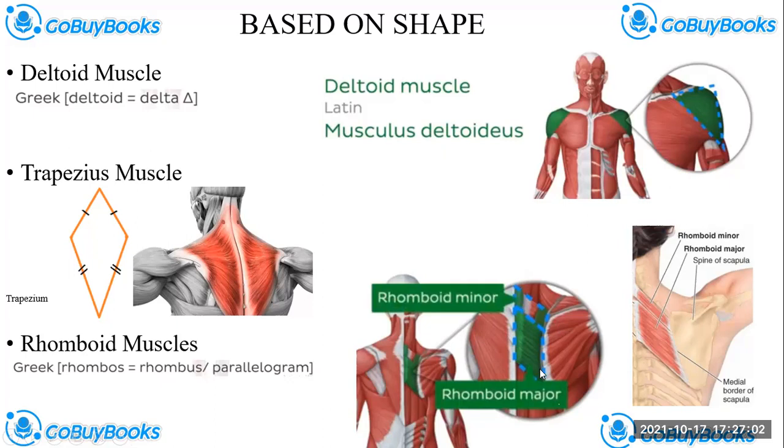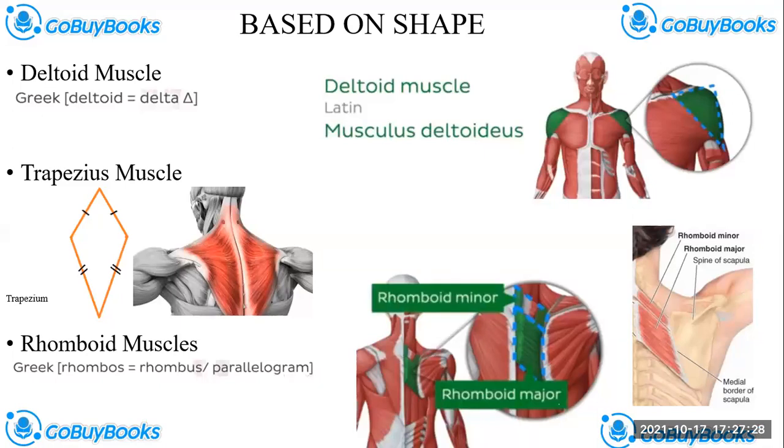You can see it. So when the person saw it, they were like, this muscle looks like a parallelogram. And because the person spoke Greek, they could not say parallelogram, because they don't understand English. So, this is a rhomboid shape. Let's call it rhomboid.